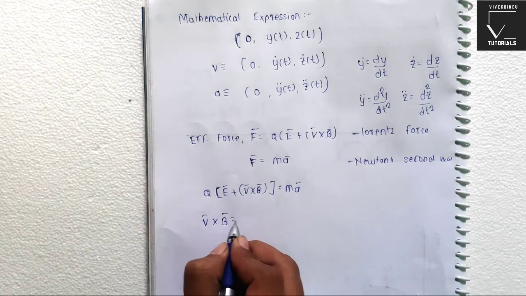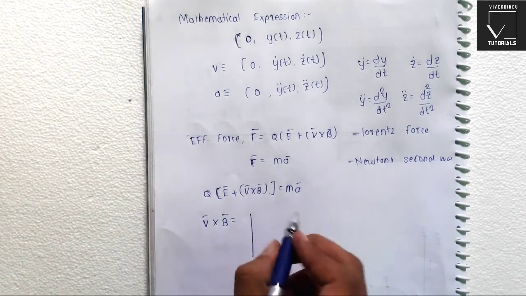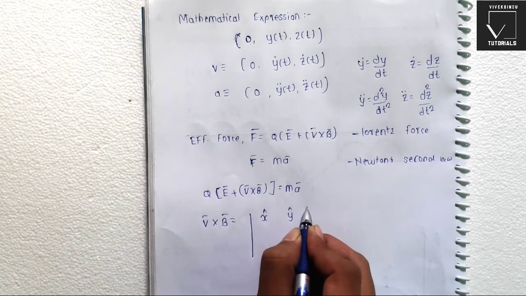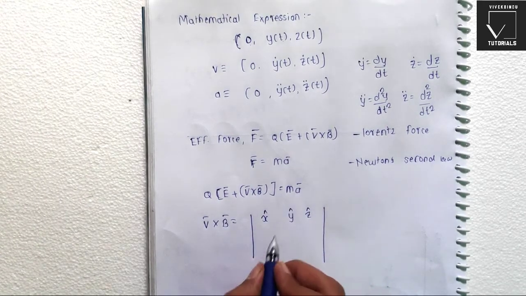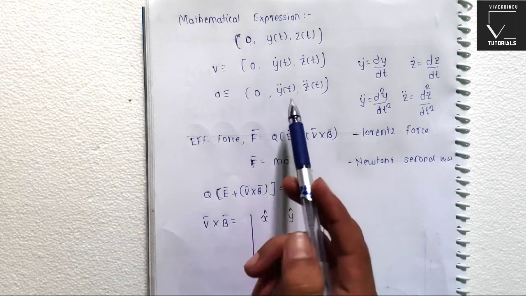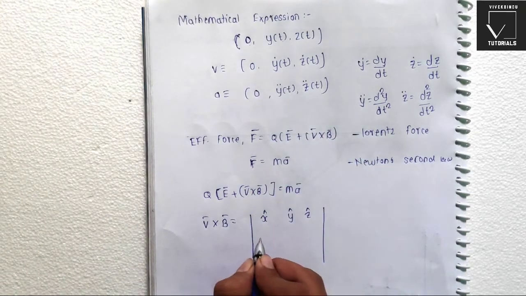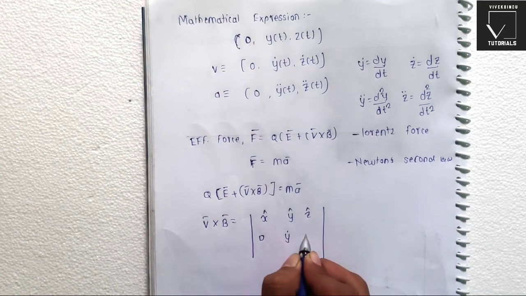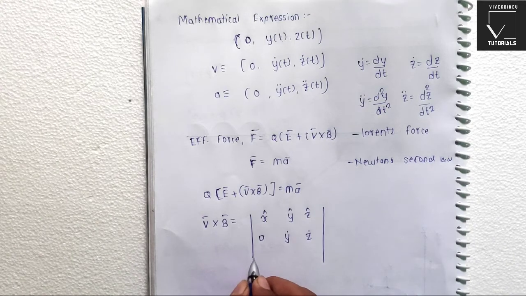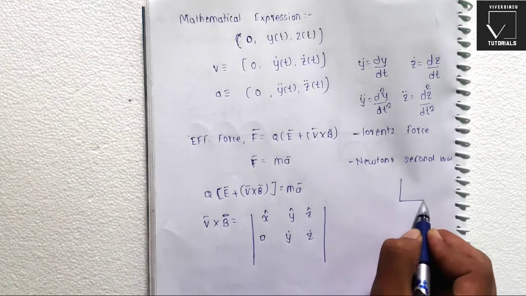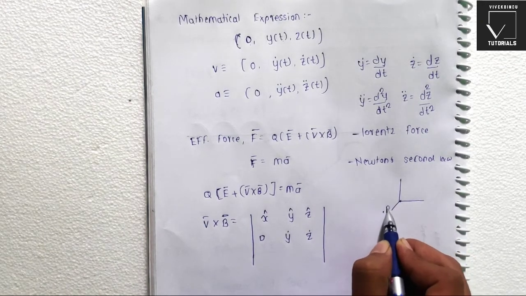V bar cross B bar is equal to the determinant of x cap, y cap, z cap. The components of V bar are 0, y dot, z dot, and the magnetic field B bar is acting along the x direction only.